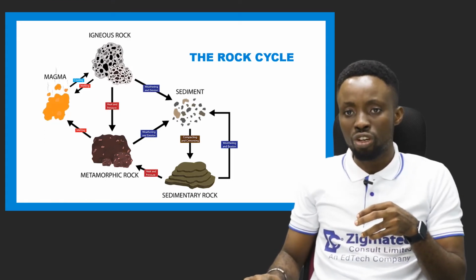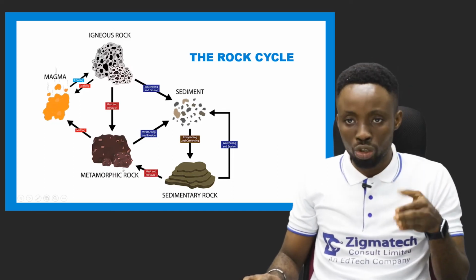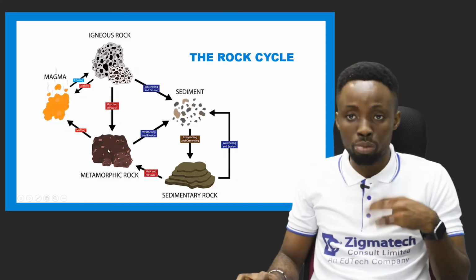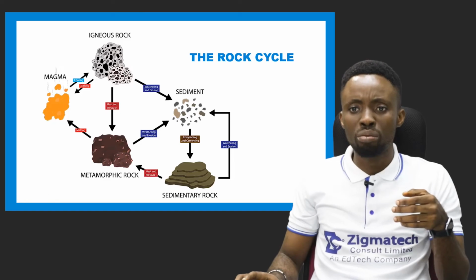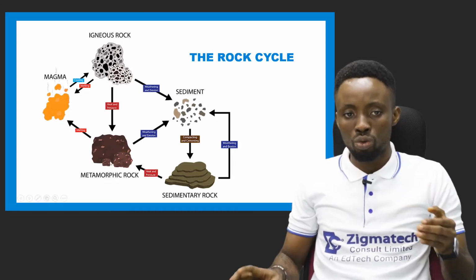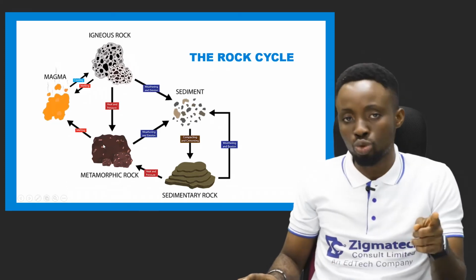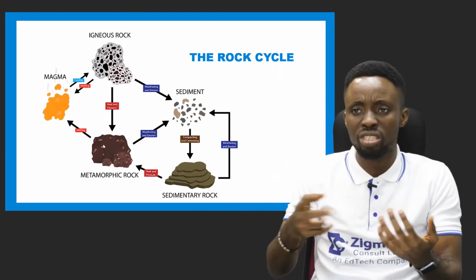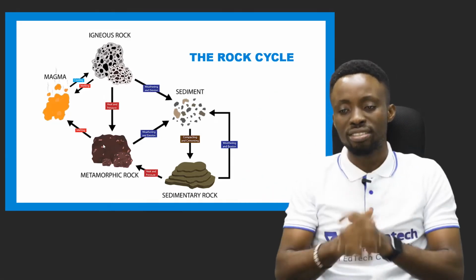Then if this rock is subjected to intense heat and pressure, it will give rise to the formation of a metamorphic rock. And also the igneous rock can directly be converted to metamorphic rock if it's subjected to heat and pressure. And in the process of melting, below the crust, some of this metamorphic rock can as well go back to being called magma, and the cycle repeats itself. So that cycle is actually called the rock cycle.